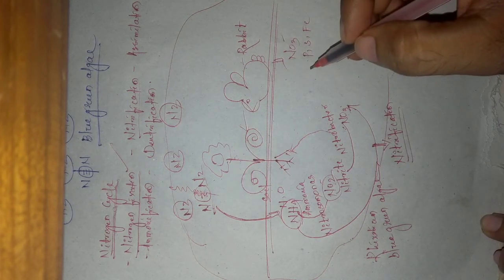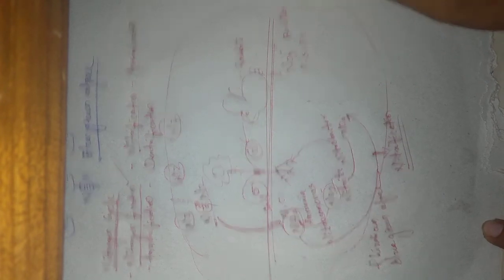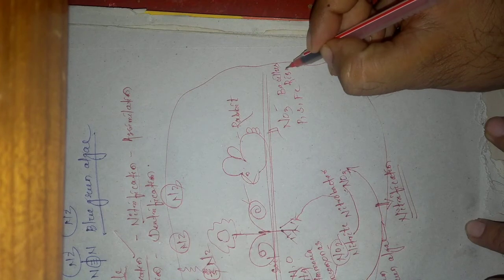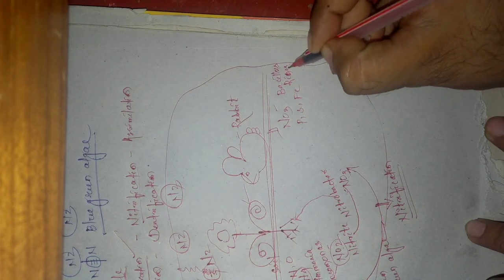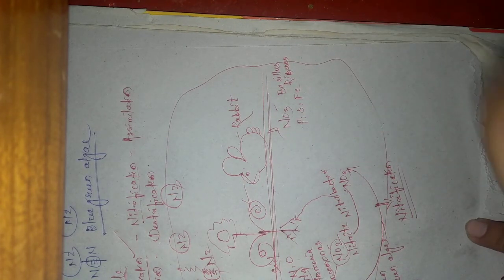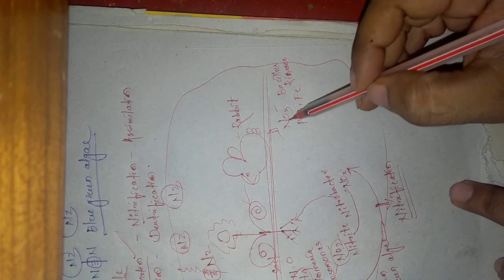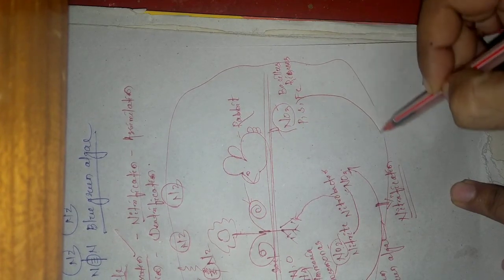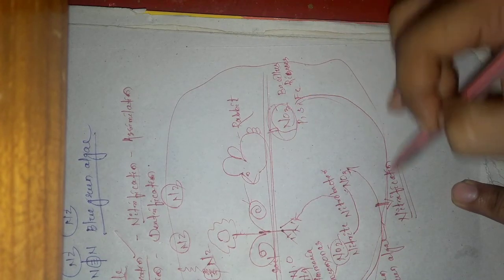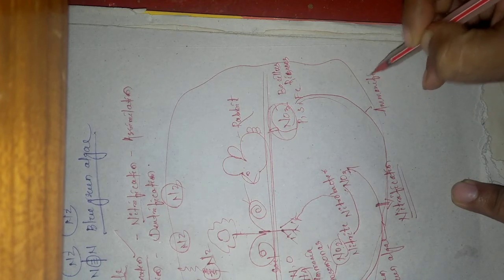This process is carried out by bacteria like bacillus and rhizomus, and that process is known as ammonification. What process? When nitrate is again converted into ammonia, that process is known as ammonification.